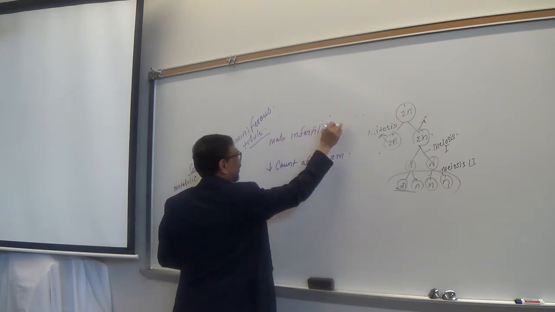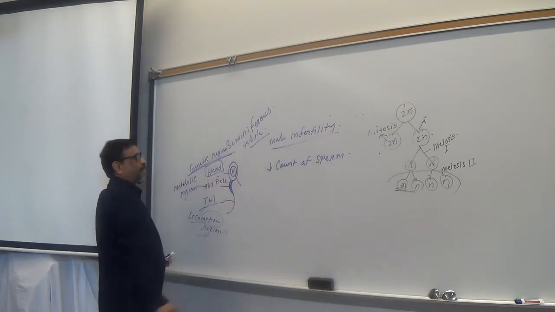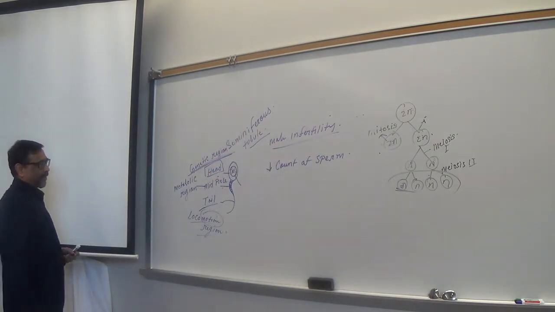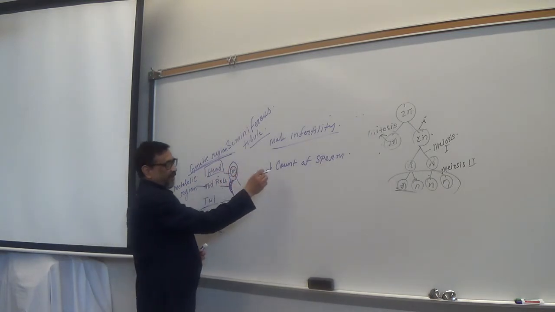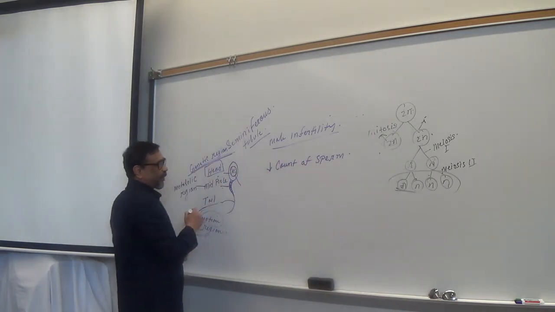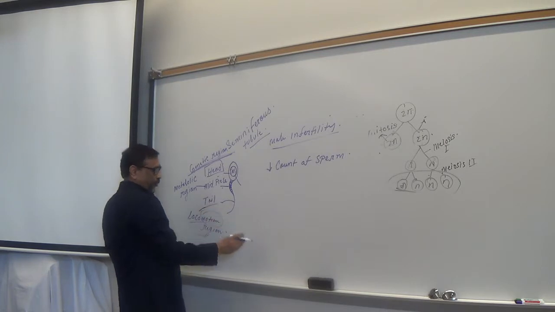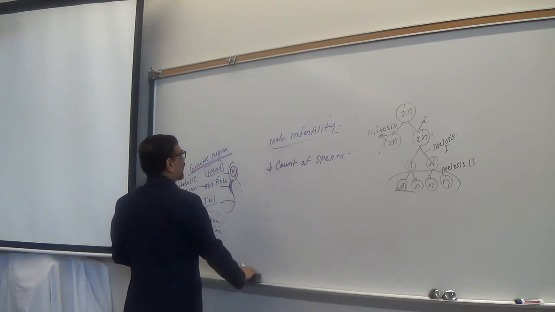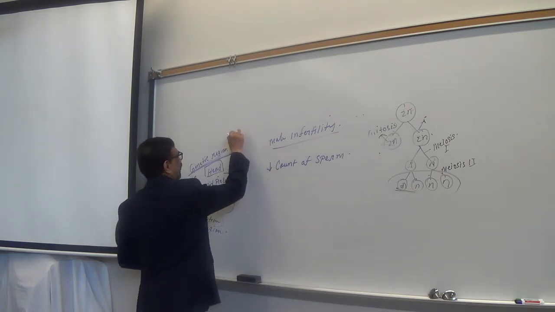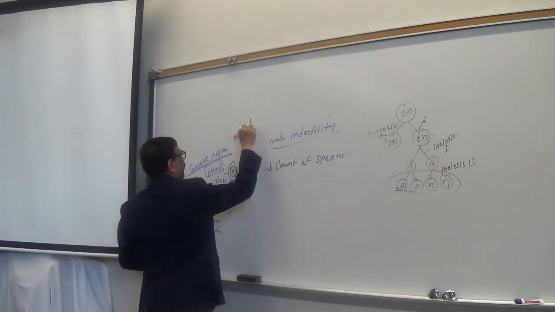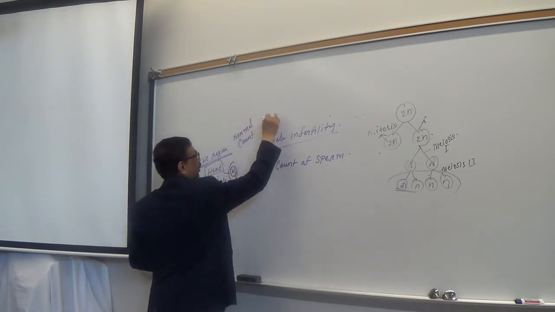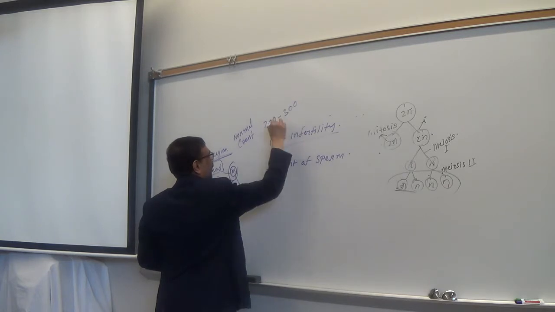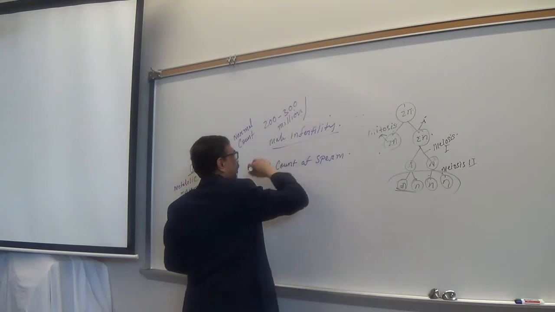Infertility or sterility. One main reason is decreased number of sperm in the semen. Normal count of sperm is between 200 to 300 million per ejaculation.